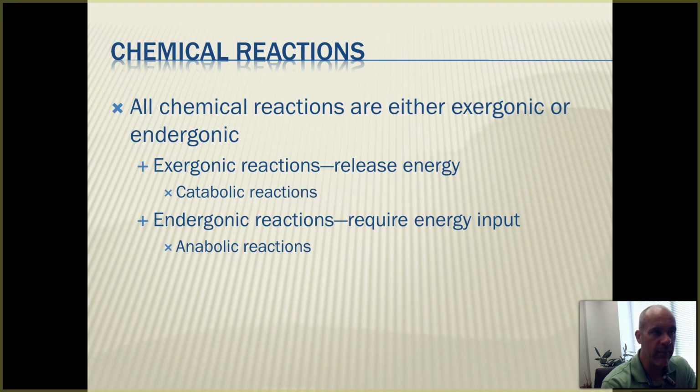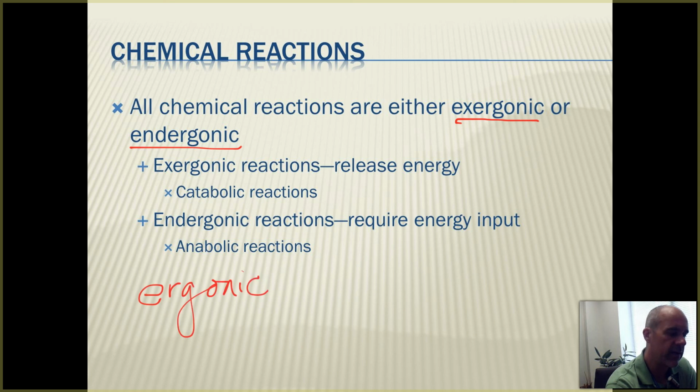All these different types of chemical reactions we talked about are classified as either exergonic or endergonic. Ergonic, that suffix, is referring to energy. All right. Exergonic means energy exits.